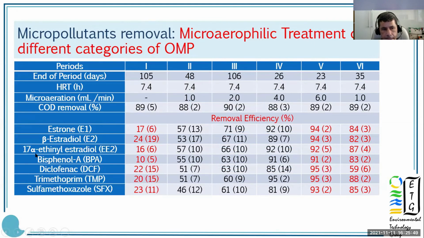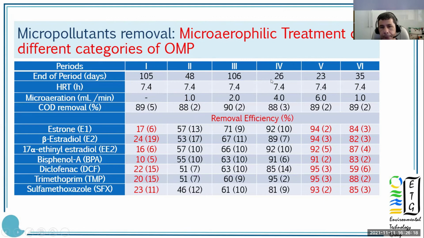I'm running out of time, but here are the results we achieved for hormones, for plasticizers such as bisphenol A, and for some drugs: diclofenac, trimethoprim, and sulfamethoxazole. Under anaerobic conditions, there were very low efficiencies in UASB reactors. But when we apply microaerobic treatment, we have a very high removal compared to the previous stages.